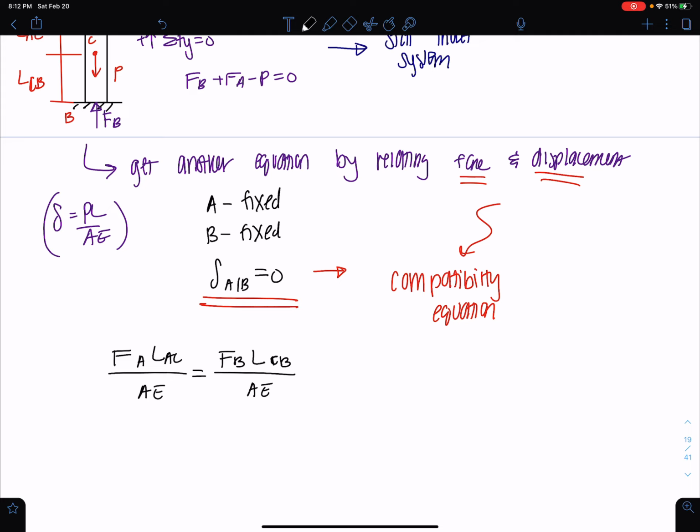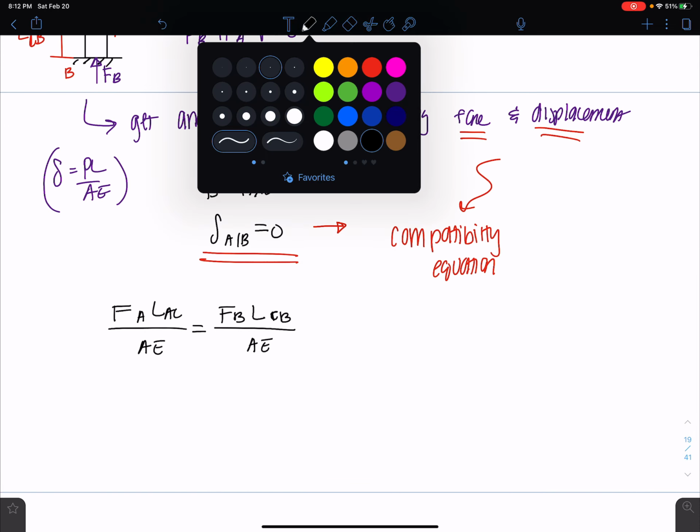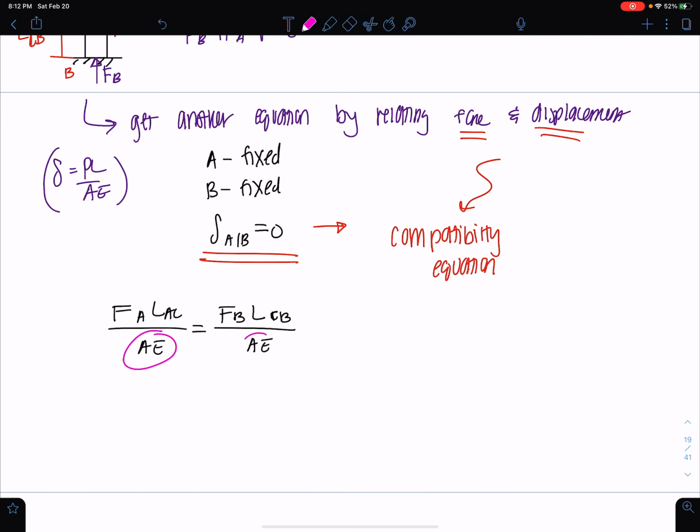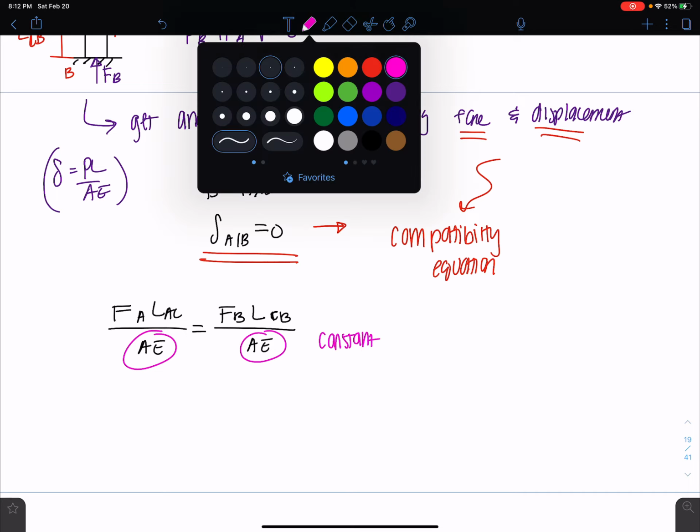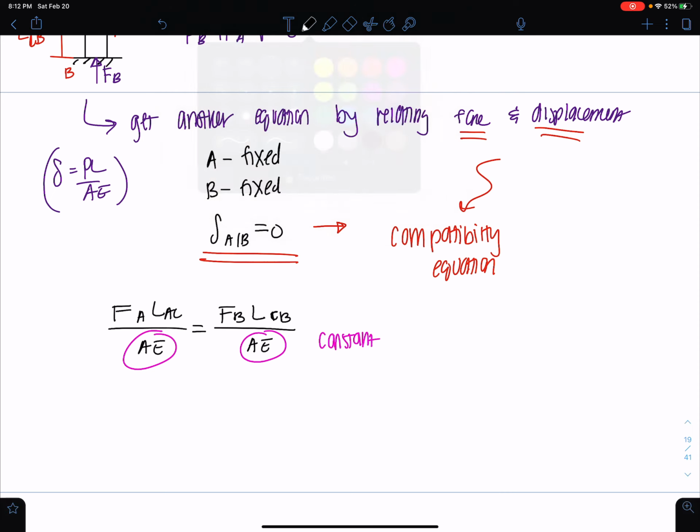And if AE is constant, if it's one material and one cross-sectional area, we can simplify this and say that FA is equal to FB times LCB divided by LAC.